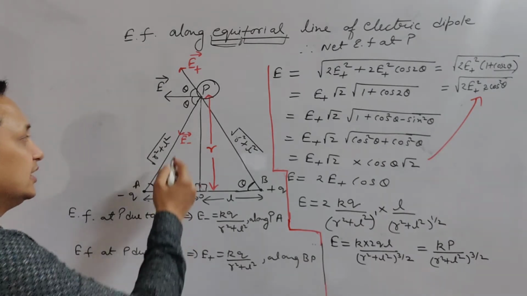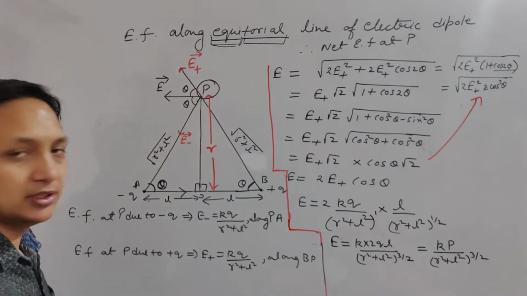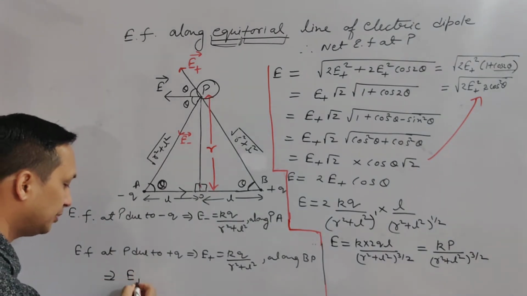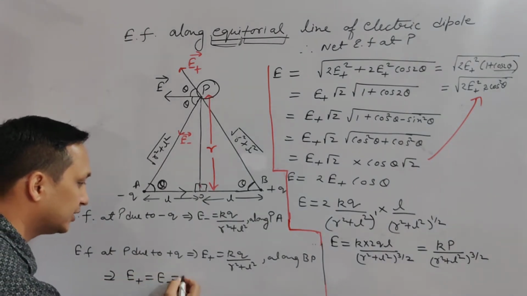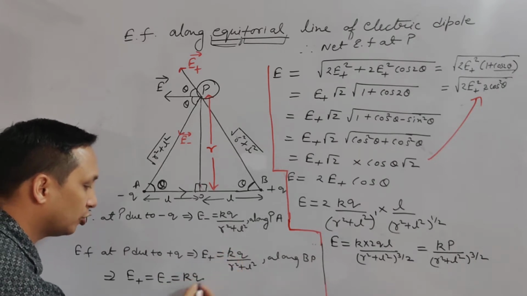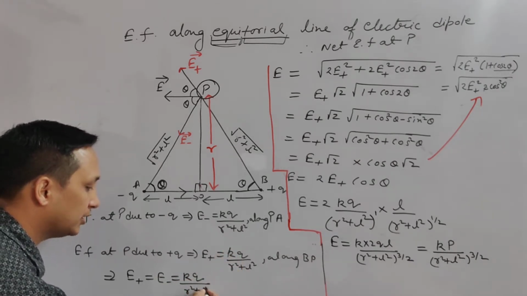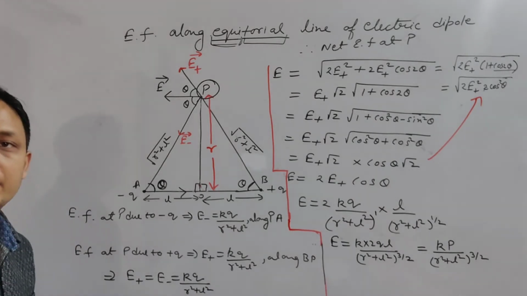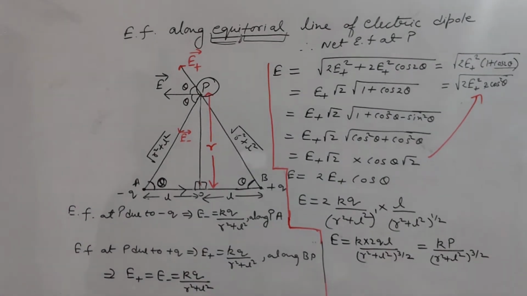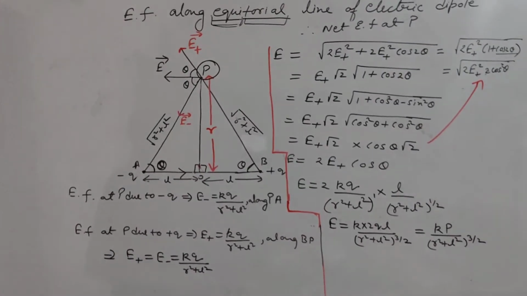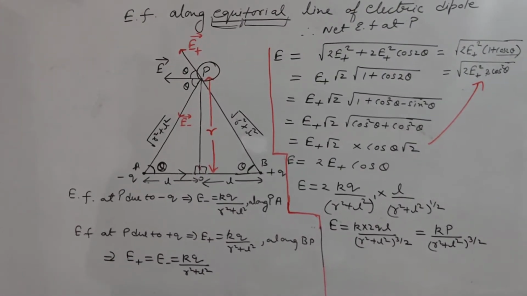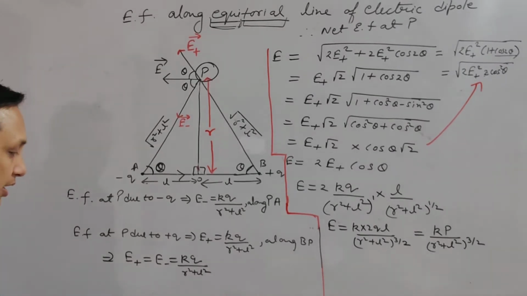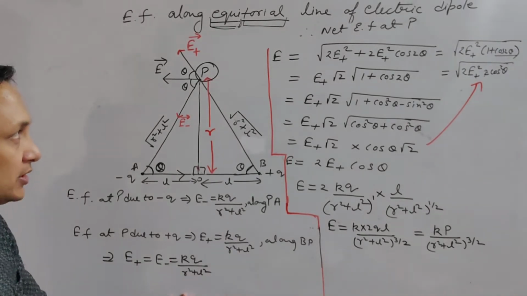Now, since E plus and E minus magnitudes are equal, this implies that E plus is equal to E minus is equal to KQ upon R square plus L square. Is it clear? So the magnitude is going to be the same. If you have any doubt, check it out.